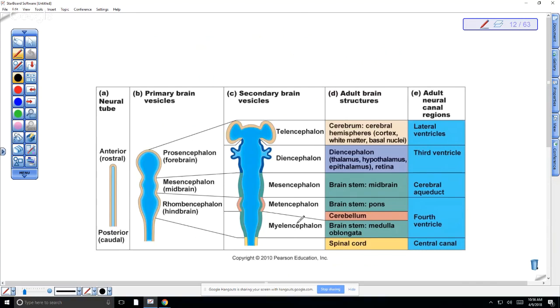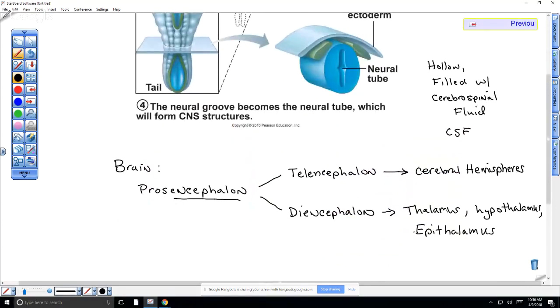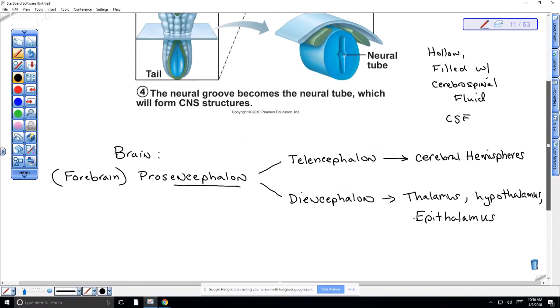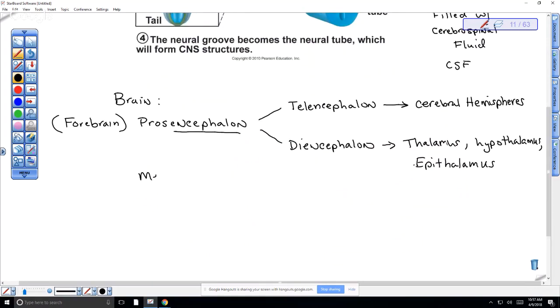So let's write those down. This is my forebrain. We have the mesencephalon.